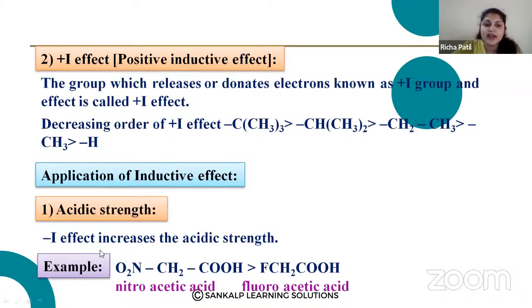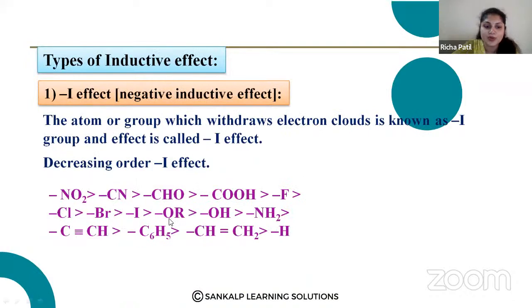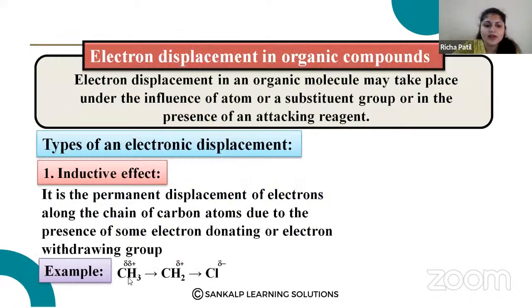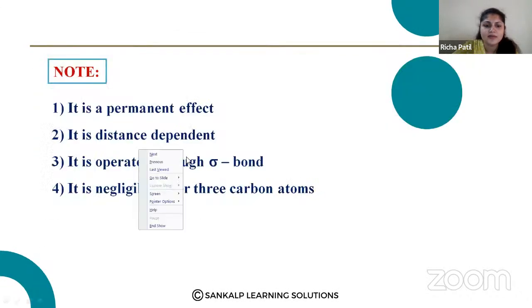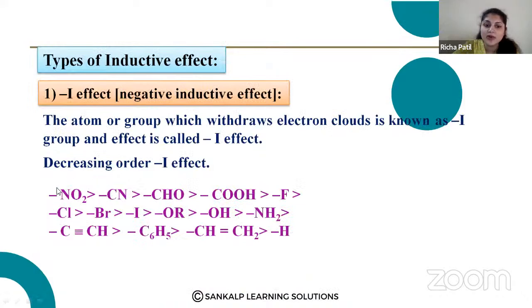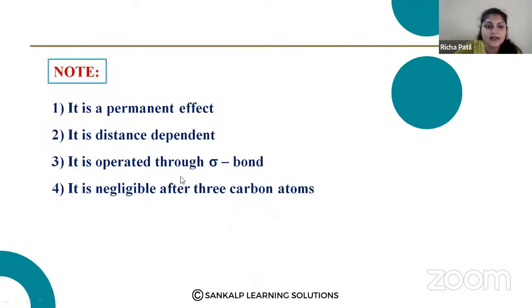So you can see, we had seen the trend here. The examples given here are nitro and fluorine. Nitro has more power as an electron withdrawing group, so the stability is more compared to that of fluorine.